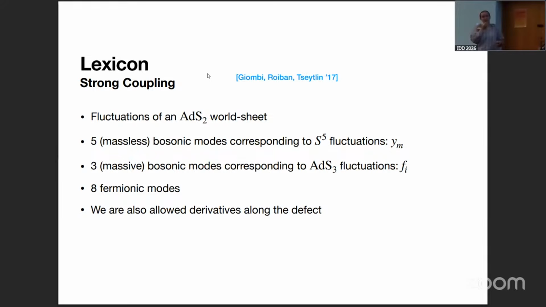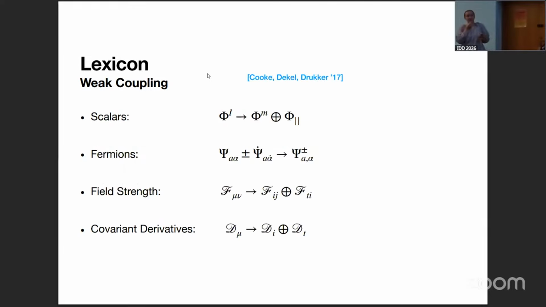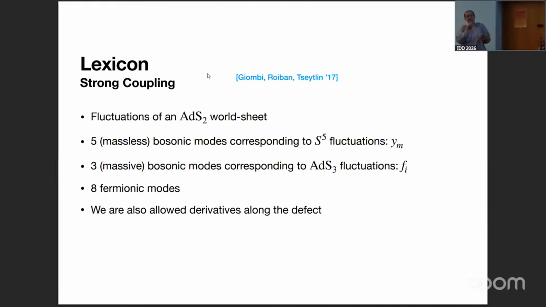So we have 5 bosonic modes corresponding to S5 fluctuations, which will be the letter Y. And then we have bosonic modes, and we have fermionic modes. And we can also have derivatives along the defect. So in principle, we have these 2 languages: a language at weak coupling, a language at strong coupling. Okay, so we will see.